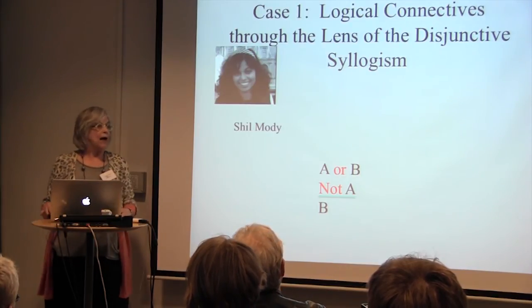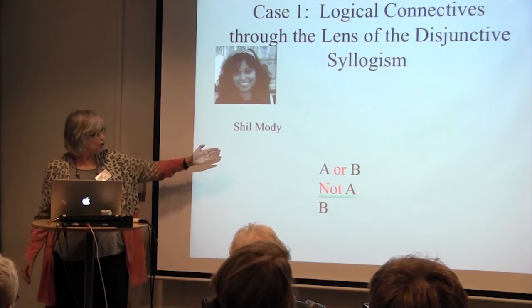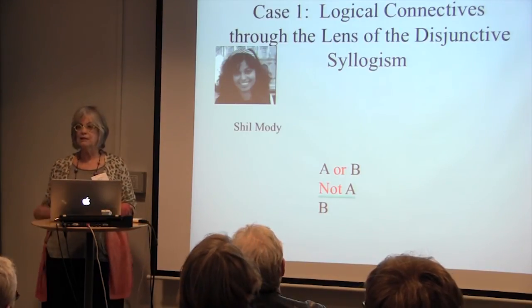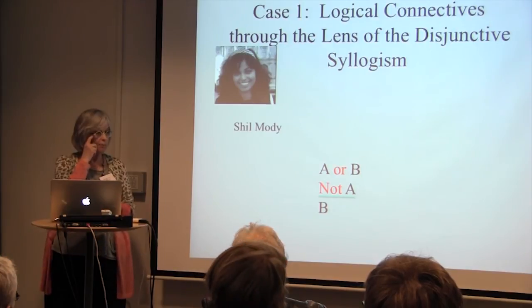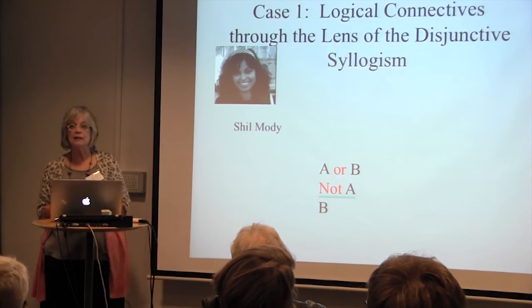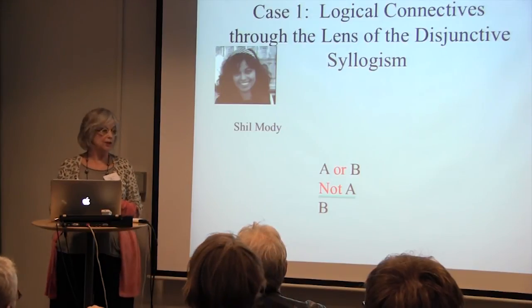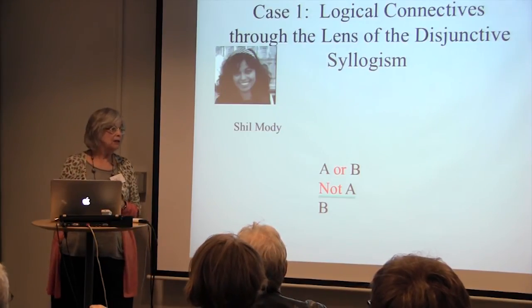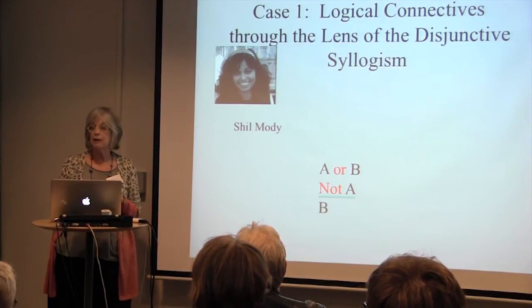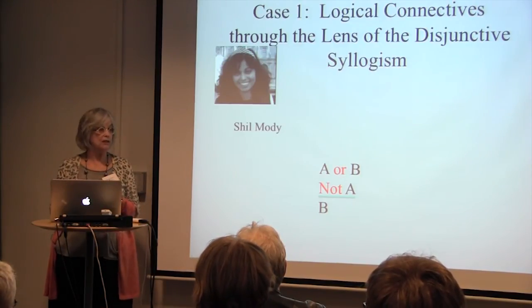So we chose or and not, and the disjunctive syllogism, because it's a deductive inference, to explore this. And the other reason we did this is because there's an animal literature on the disjunctive syllogism. And the animal literature thinks that animals are capable of logic because they can work through a disjunctive syllogism.